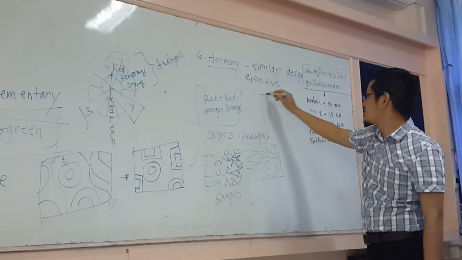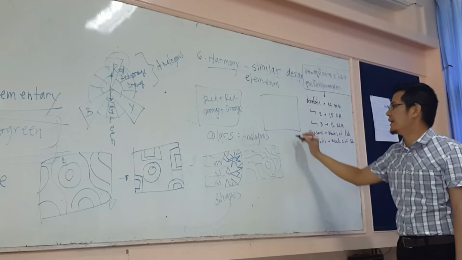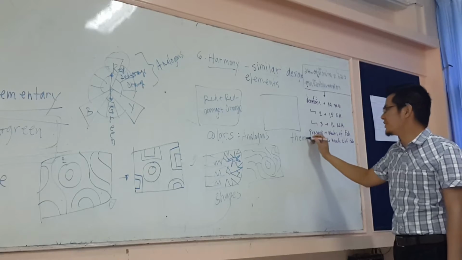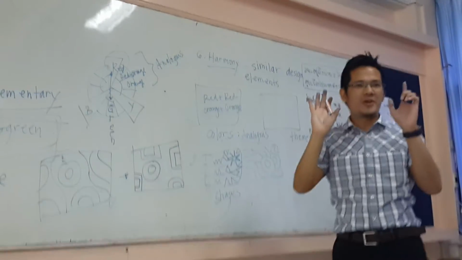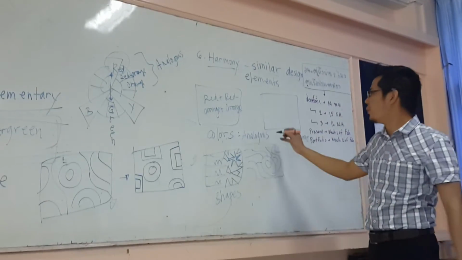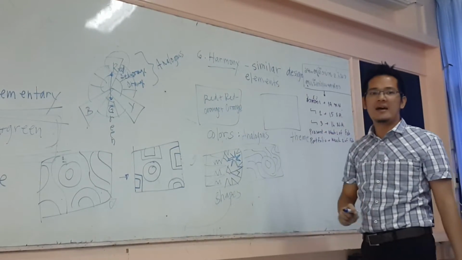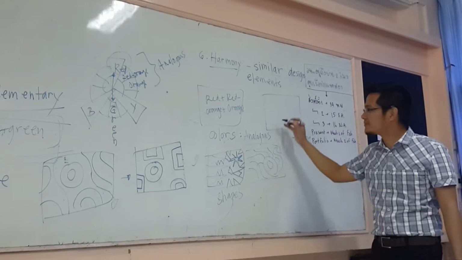Another way to do that is when we create a design, we think about theme. When we think about a picture of the beach, for example, what do you see when you go to the beach? What are the things you see? Sea.